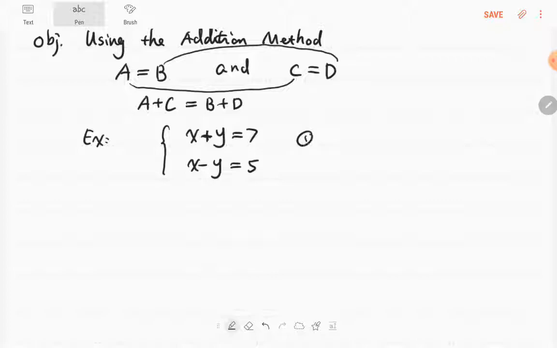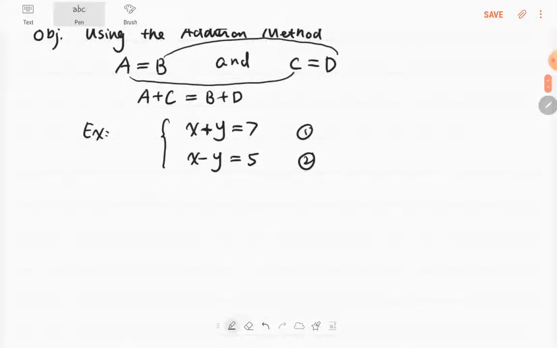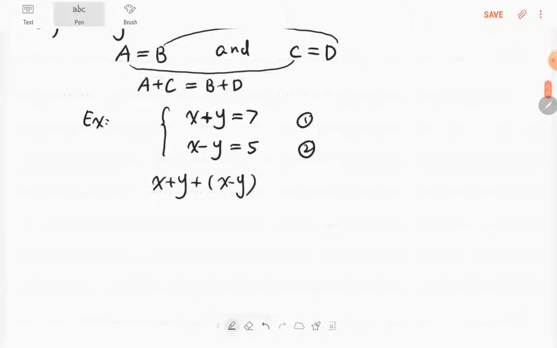So let's see. We add the left side together, so we will get x plus y plus x minus y. That will be the left side, right? We do the same if we add up the right side, 7 plus 5.